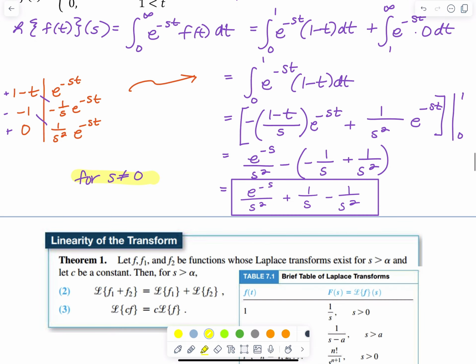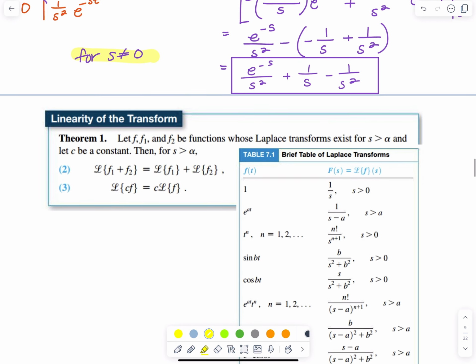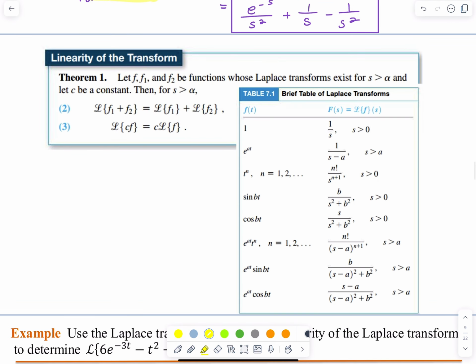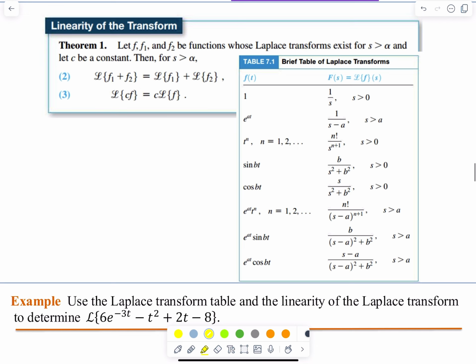Okay, let's take a look at the linearity of this Laplace transform. So let f1 and f2 be functions whose Laplace transforms exist for s greater than alpha, and let c be a constant. Then for s greater than alpha, the Laplace transform of the sum of f1 and f2 is equal to the sum of the Laplace transforms.